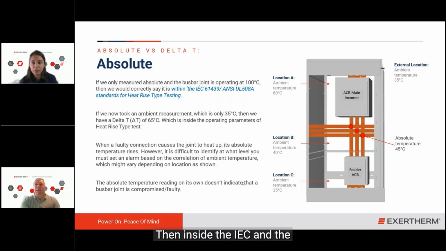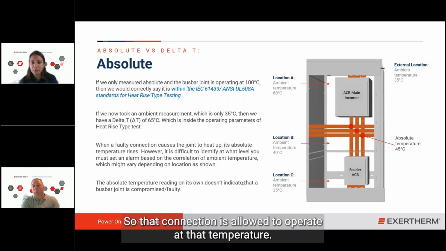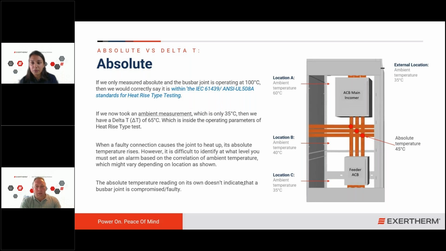Then inside the IEC and the ANSI type test heat rise standards, that is perfect. There's no problem. You can actually go to 105, and then I think it's 115 if you've got tin plated, silver plated, and different bolts. So that connection is allowed to operate at that elevated temperature. But what is it telling you? It tells you it's hot, it's warm, but not why.